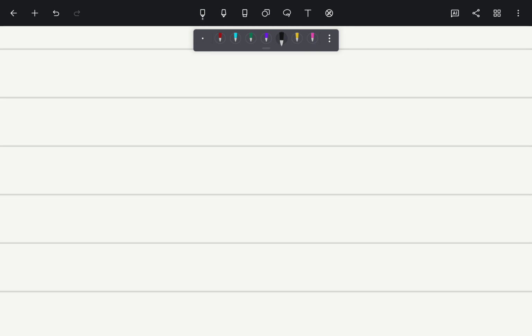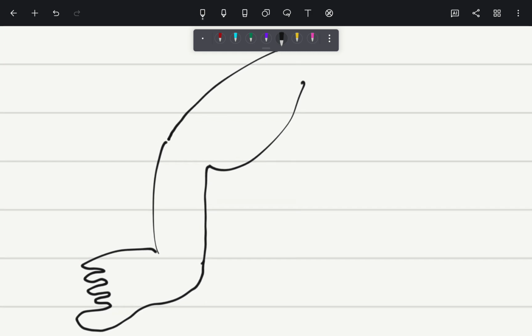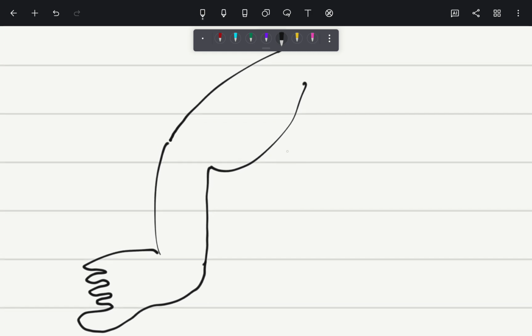So in order to understand this, we are going to draw a small diagram here. So usually this is your thigh. This is the leg and this is your foot. I know this is a very funny diagram, but I hope this will help in order to understand this.